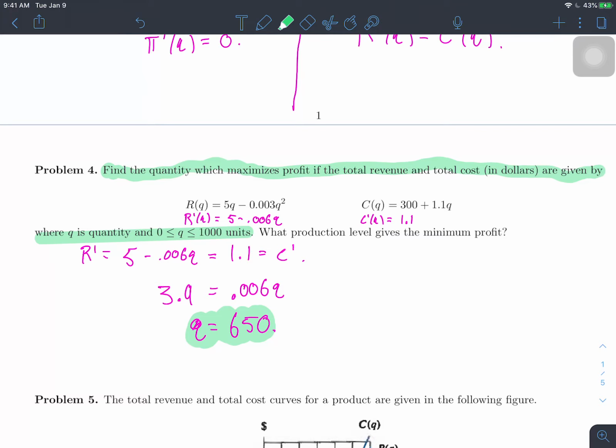Where else might I find a global maximum or a global minimum? The endpoints. Anywhere else besides the endpoints and where f prime is equal to 0? There's one other place.